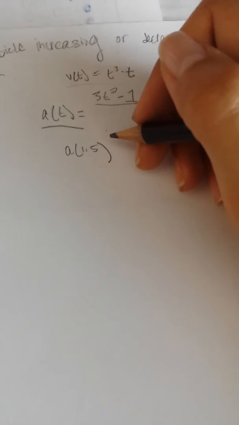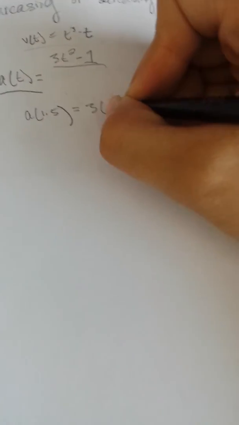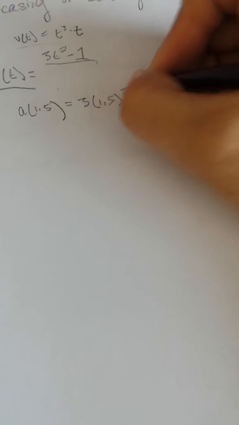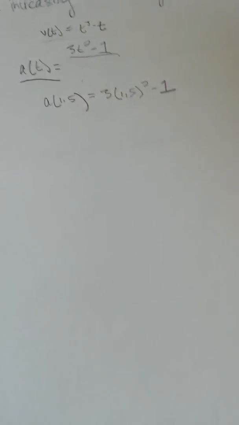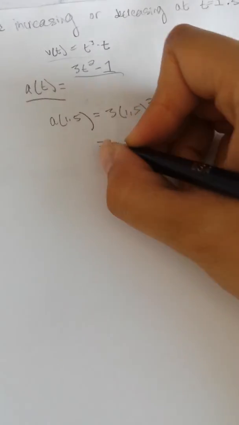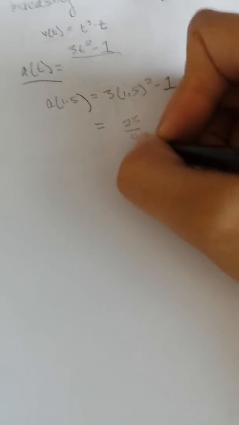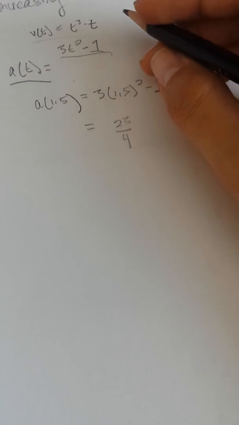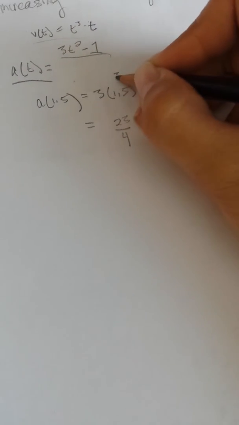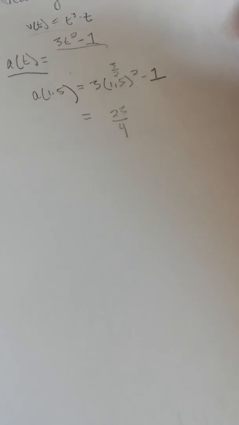You also need to plug 1.5 into the acceleration so you can figure out whether it's increasing or decreasing. So acceleration at 1.5 is equal to 3 times 1.5 squared minus 1. This is going to equal 23 over 4, once you square this, because this is 3 over 2 squared times 3 minus 1.